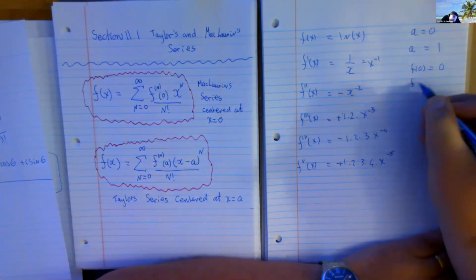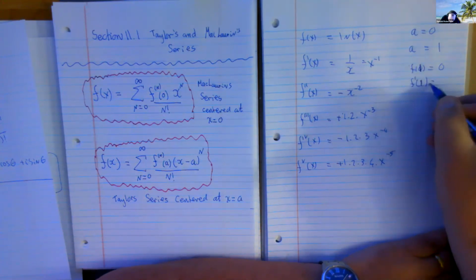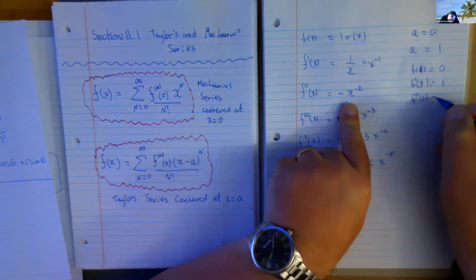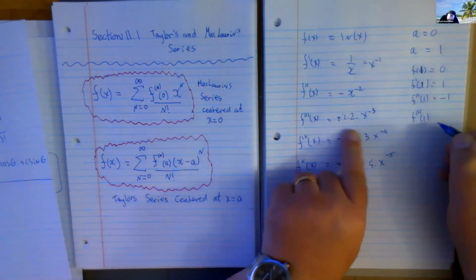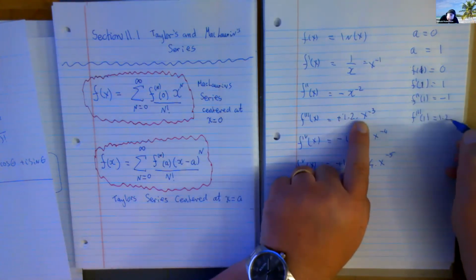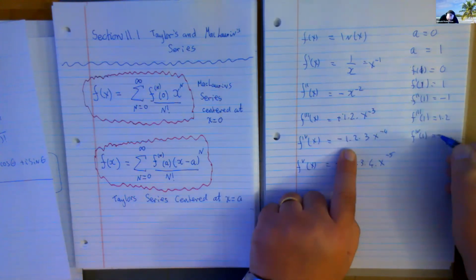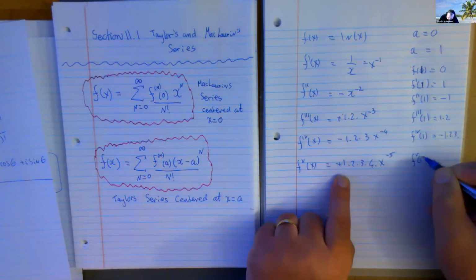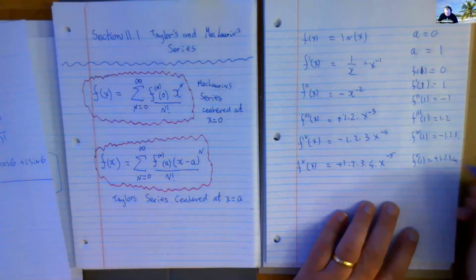The first derivative at 1, I should be saying, is 1. The second derivative at 1 is negative 1. The third derivative at 1 is 1 times 2. The fourth derivative at 1 is negative 1 times 2 times 3. The fifth derivative at 1 is positive 1 times 2 times 3 times 4.